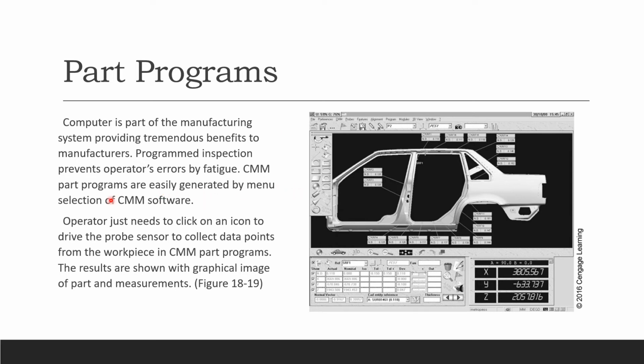The CMM part programs are easily generated by menu selection of CMM software right here. The operator just needs to click on an icon. We all know how to use an application, how to use software. So we can drive the probe sensor to collect data points from the workpiece in CMM part programs. Pretty convenient, huh? The results are again shown with a graphical image of the part and measurements.